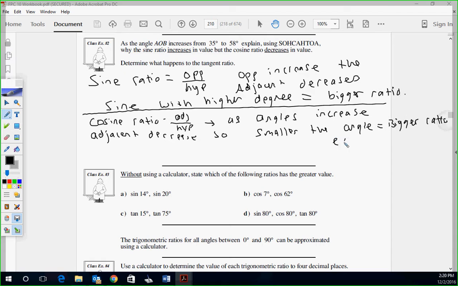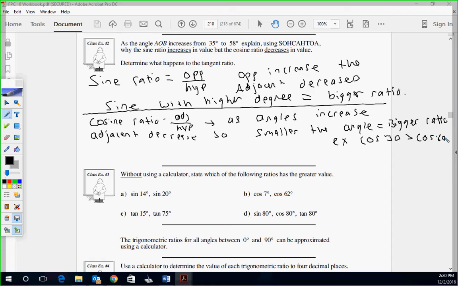So example, cosine of 30 is bigger than cosine of 60. You have to remember, if you're doing cosine from that angle, 30 doesn't create the cosine side.